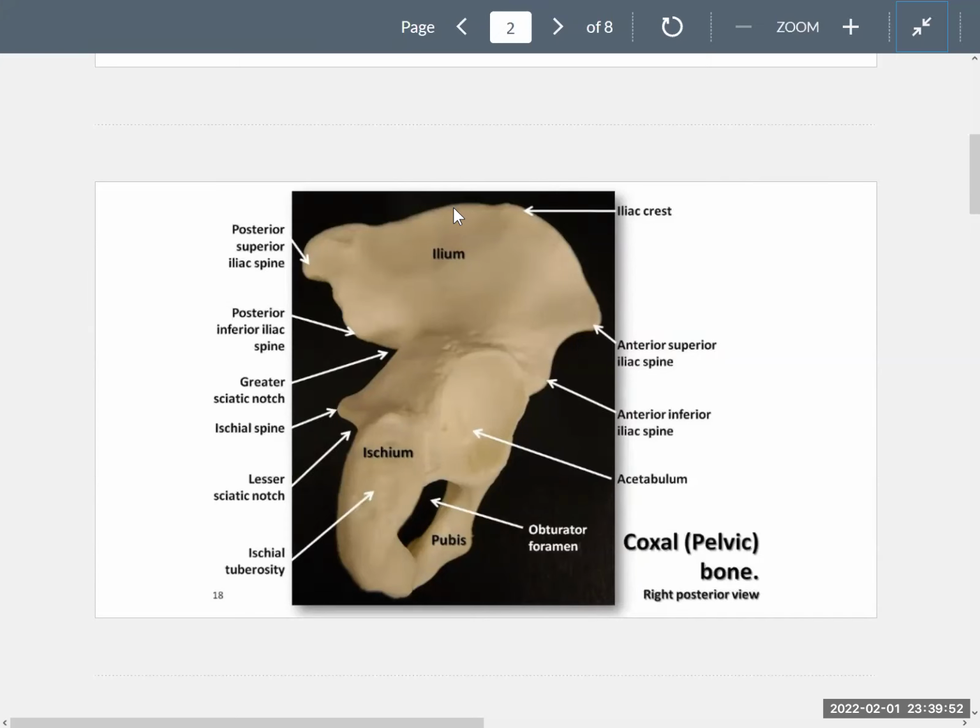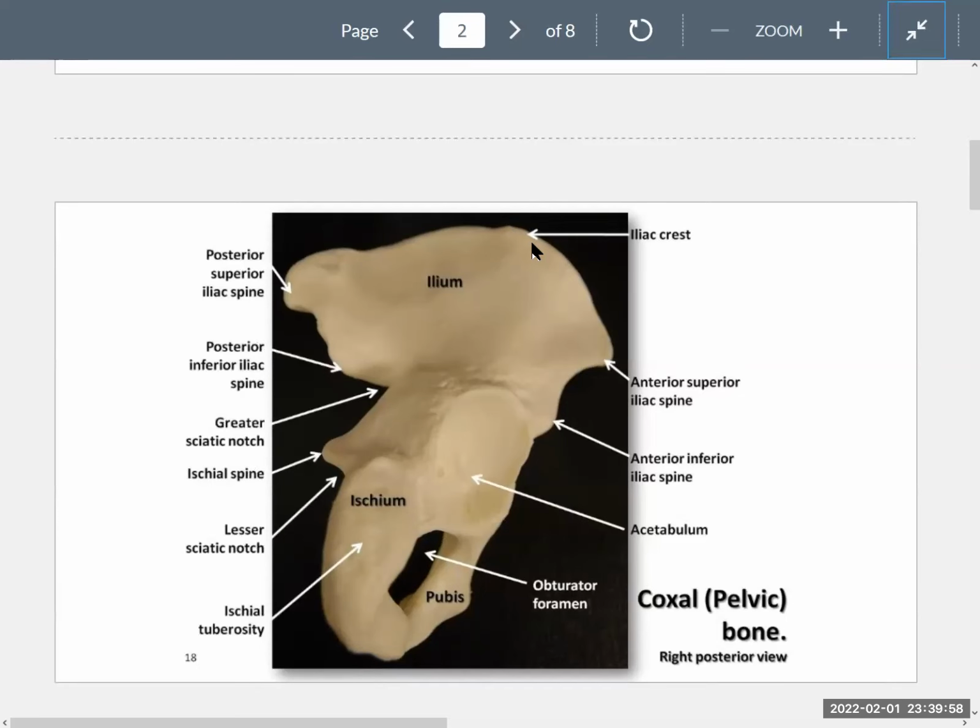and now I want to go forward. How do I know that's forward? Here's where the femur head is going to go, and the femur is going to dangle off on this side.